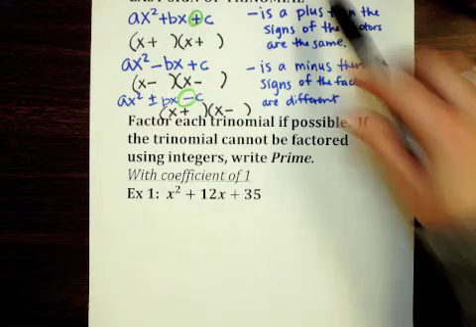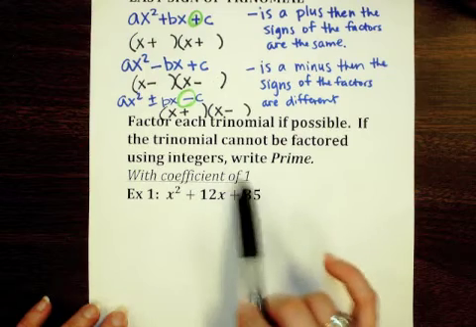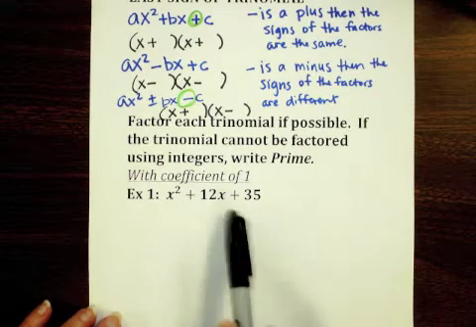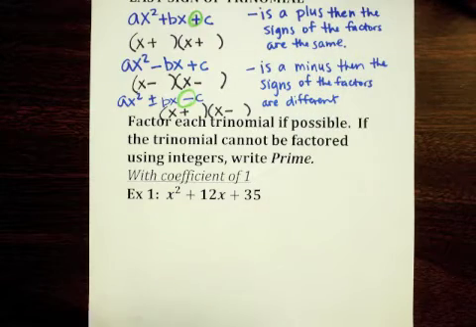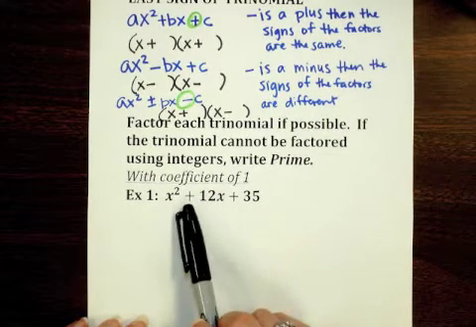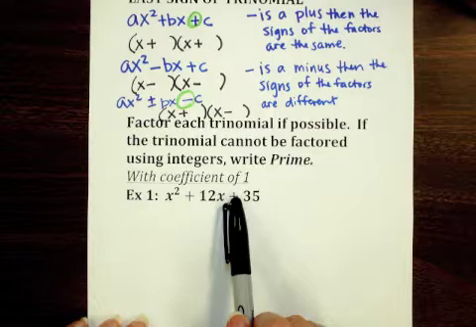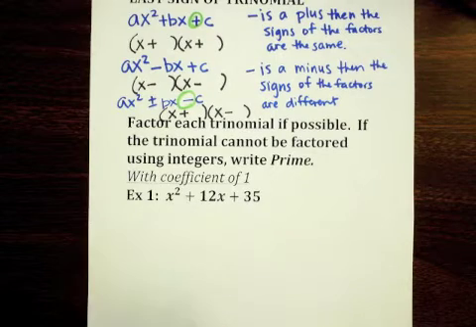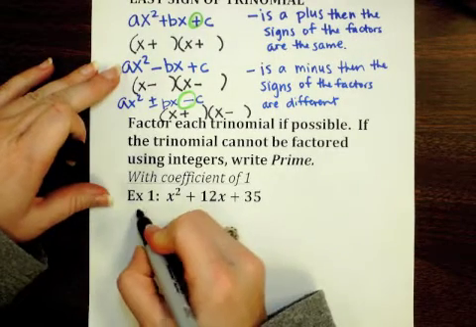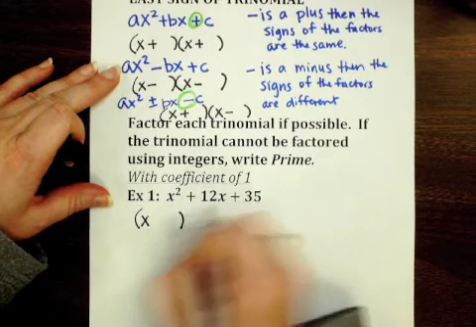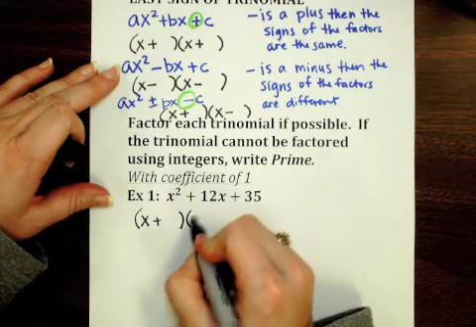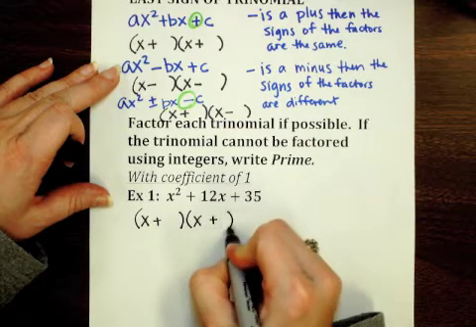Looking at the last sign of the trinomial, it ends in a plus sign. So that tells me that signs are the same. The middle sign is what they are, so I say signs are the same, they're both positive. So I automatically know that I'm going to have an x plus and an x plus.